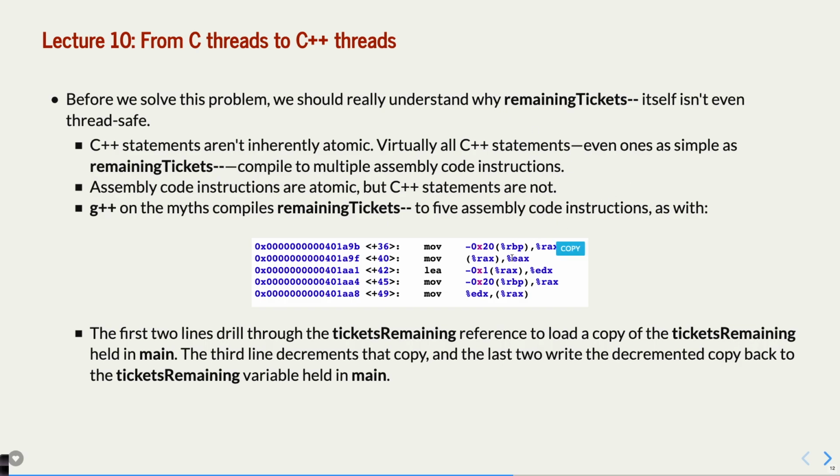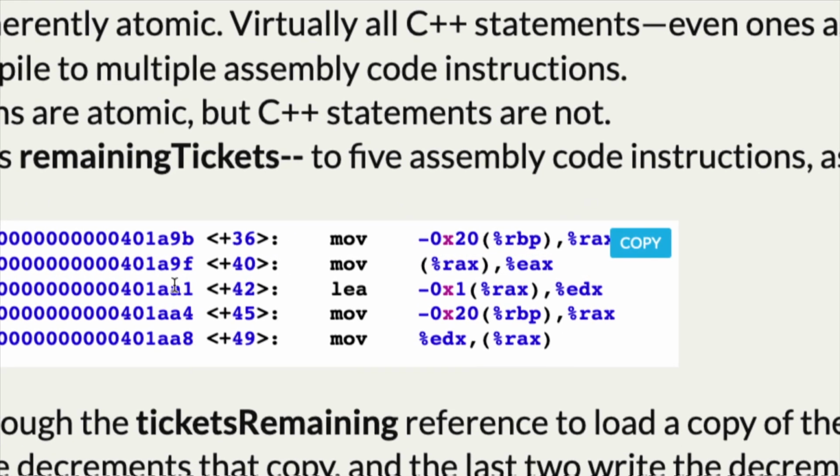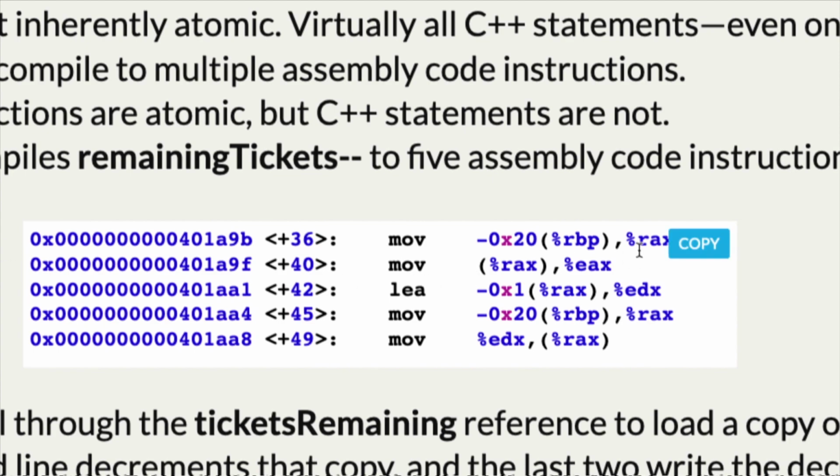If you decompile remaining tickets minus minus, you can see that it ends up as something like this assembly code, where you've got 5 different instructions, any one of which could get interrupted by going to the next thread and having a problem.